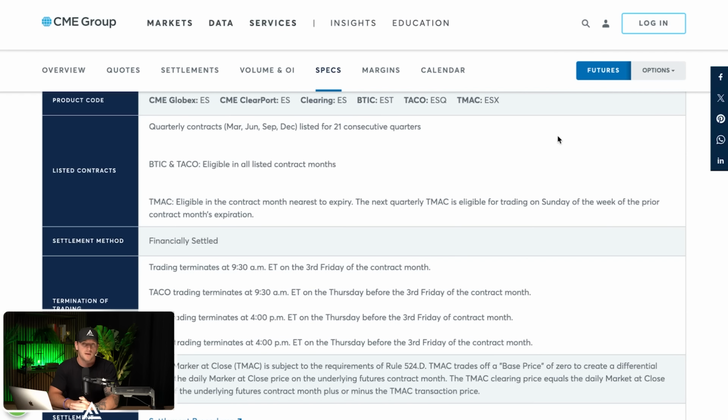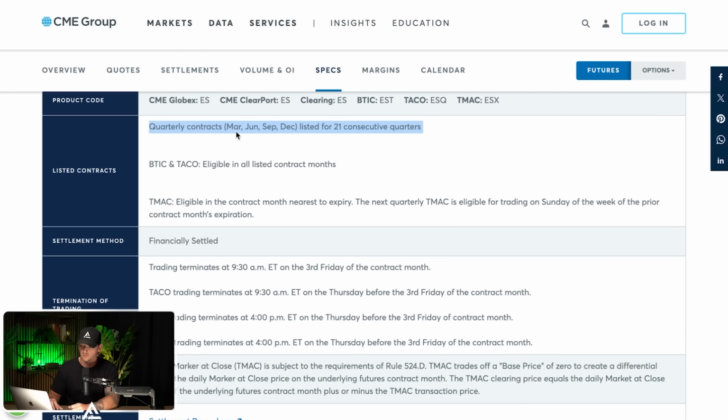Right before we came to the specs page, you guys saw me talking about the different contract expirations. You can get more information on how frequently an asset has their contracts expiring. Right here in the listed contract section, you can see here, ES and most major indexes, whether it be the DAX, NASDAQ, Dow, they are going to be quarterly contracts.